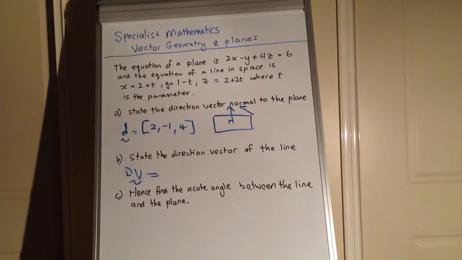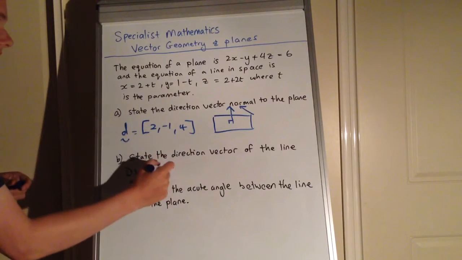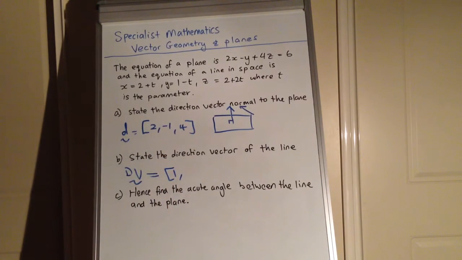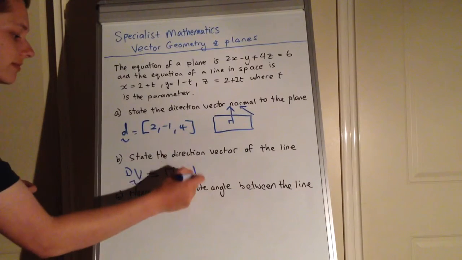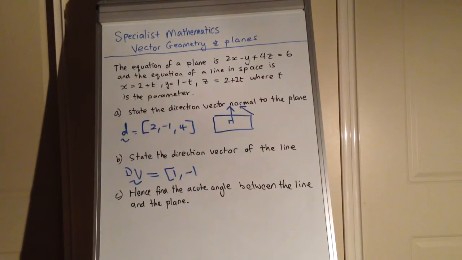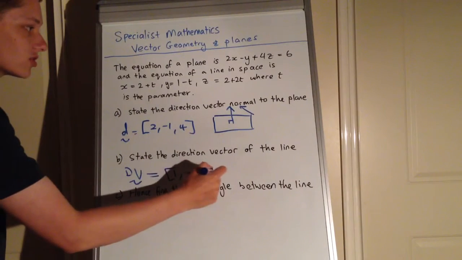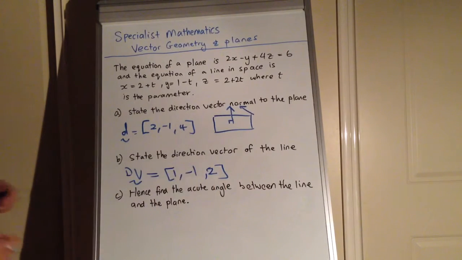The coefficient of our parameter t in the x equation is 1, so we've got 1. Then for y it's going to be negative 1, because again, it's the coefficient of t there. And then for z, it's going to be 2. And we have a second vector there.